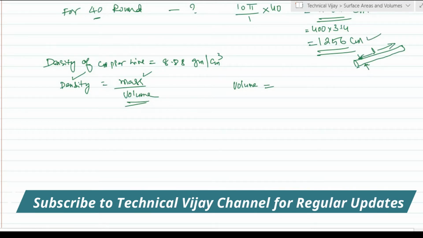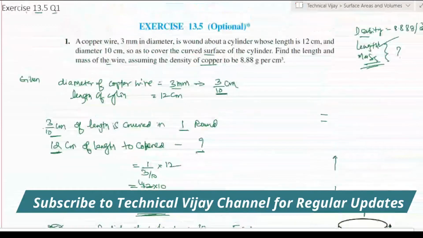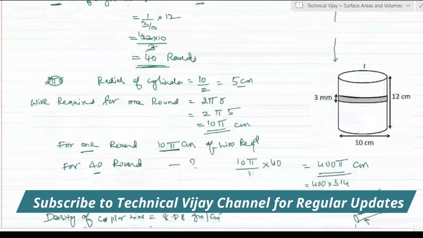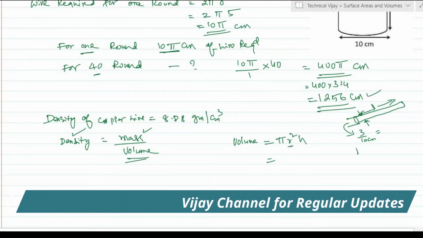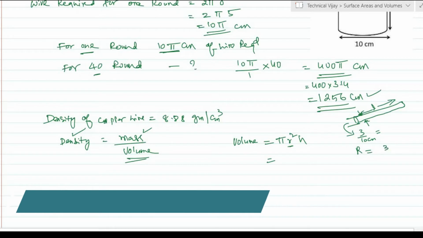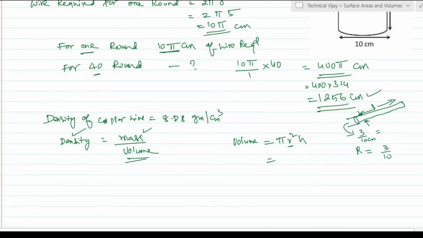So this diameter is equal to what? The diameter of the copper wire he has given is 3 mm. This diameter is equal to 3 mm, so that is 3 by 10 centimeter. So now volume is equal to pi r square h. Here r means radius. So this is the diameter, then radius is equal to 3 by 10 divided by 2, that is 3 by 20 centimeter.